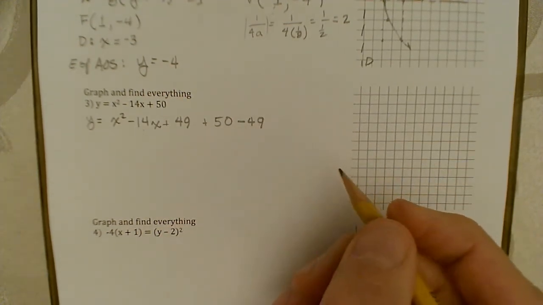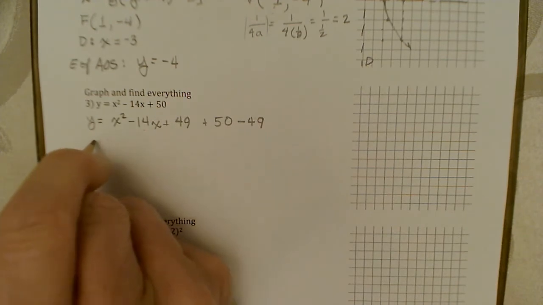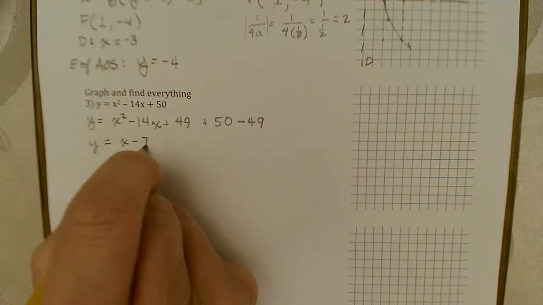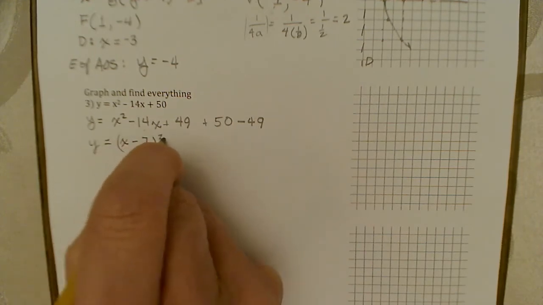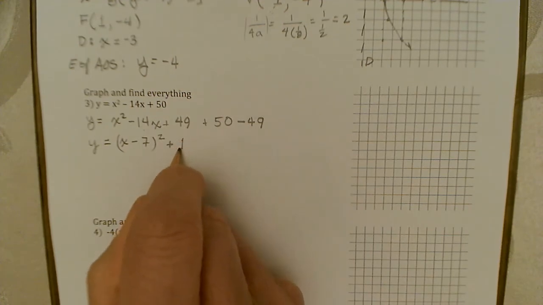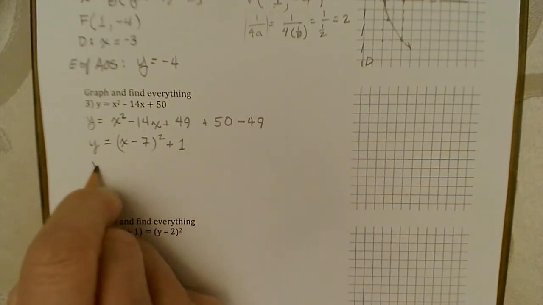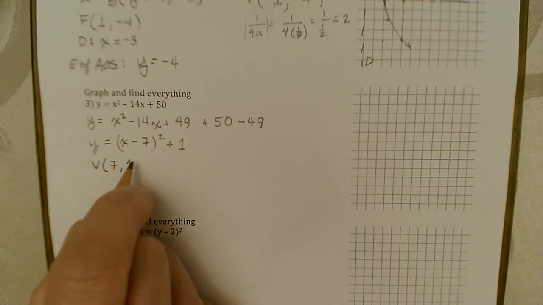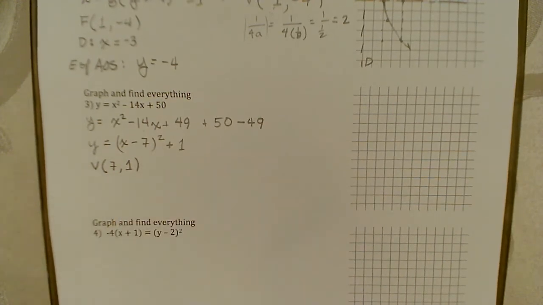All right, so putting that then into vertex form, y equals x minus 7 quantity squared plus 1. All right, and so our vertex is going to be 7, 1. Now this opens up, so we need to find the focus.